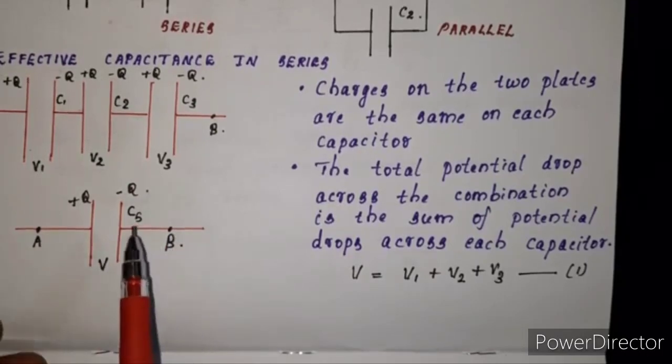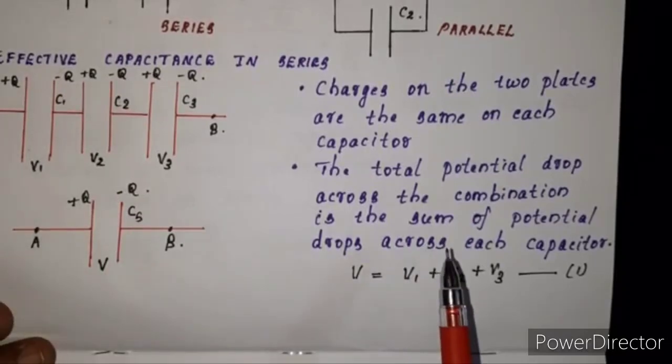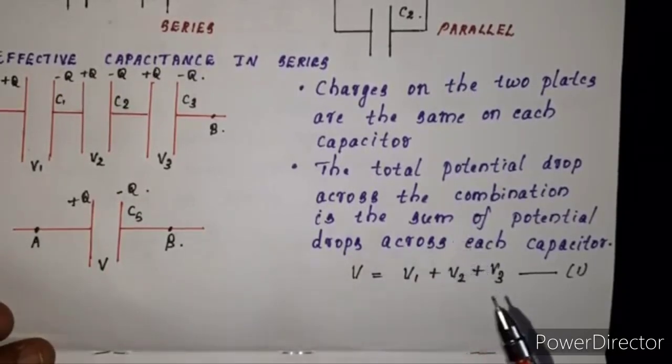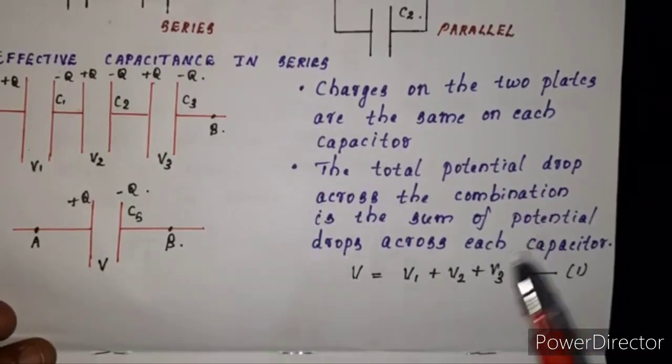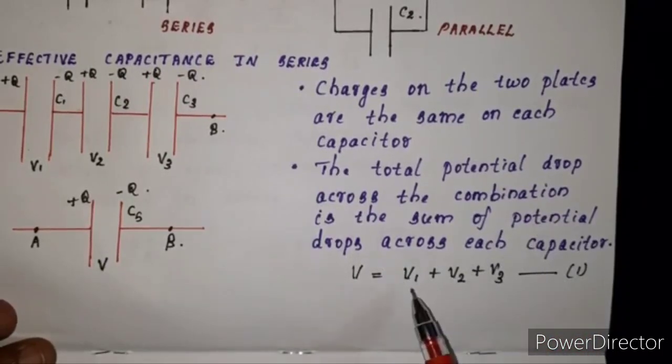So what can we write? As we stated in the second point, the potential drop across the combination is the sum of potential drops across each capacitor. So V is equal to V1 plus V2 plus V3.